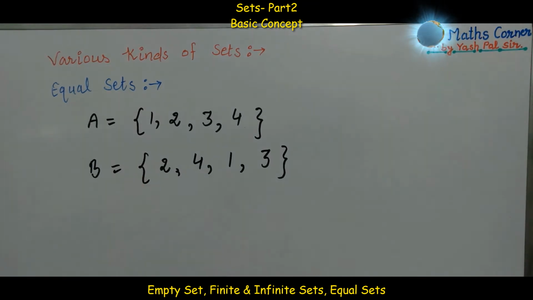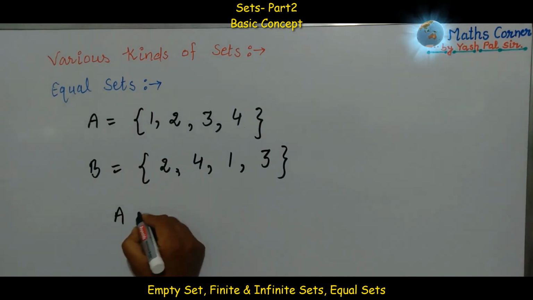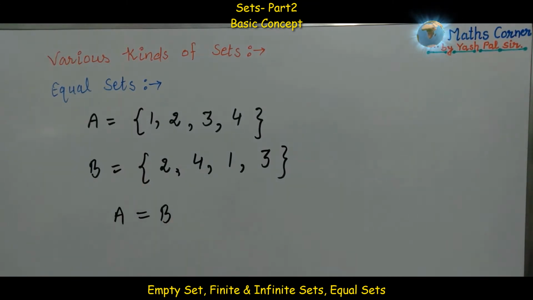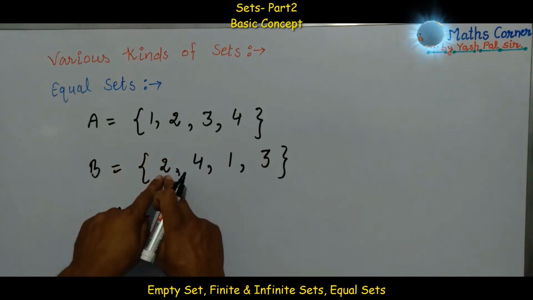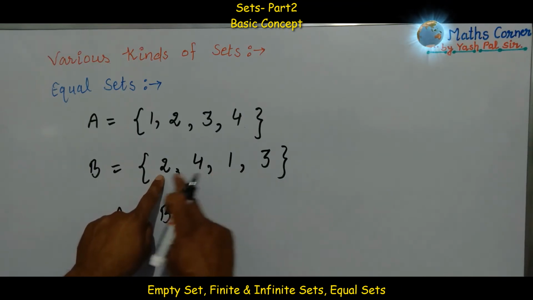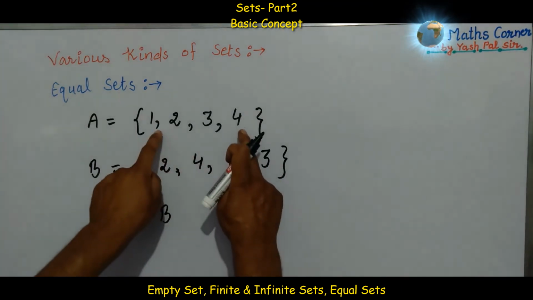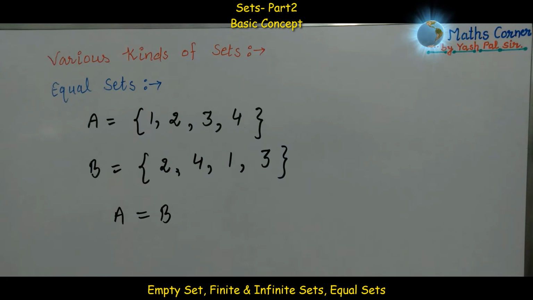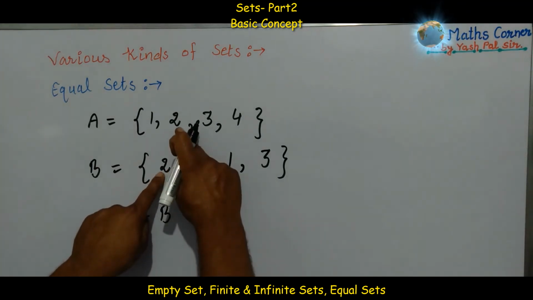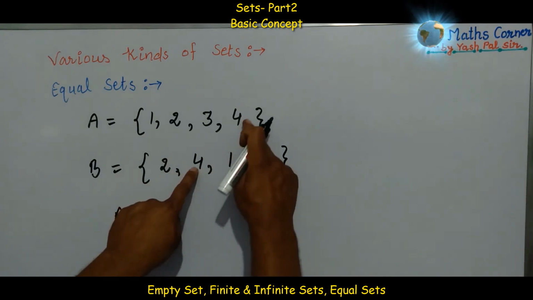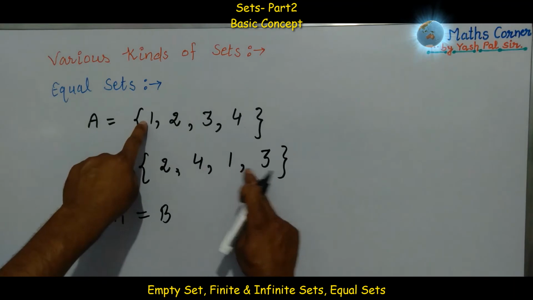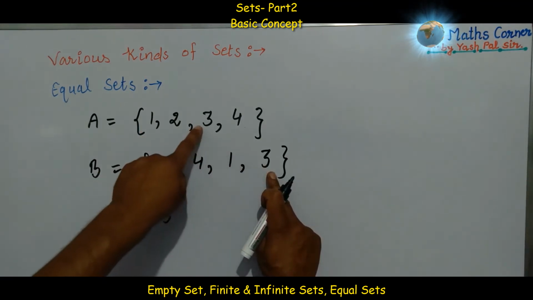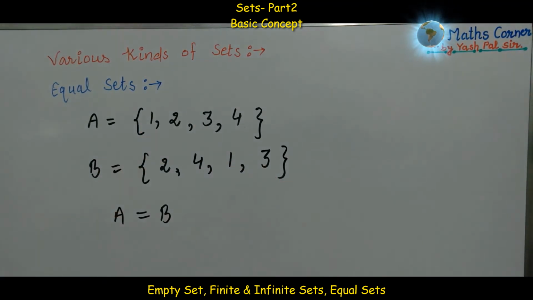So here we say set A is equal to set B. Why? Because each element of set A is also an element of B, and each element of set B is also an element of set A. That is, 2 is here, 2 is also here, 4 is here, 4 also here, 1 is here, 1 is also here, 3 is an element of set B, 3 is also an element of set A.